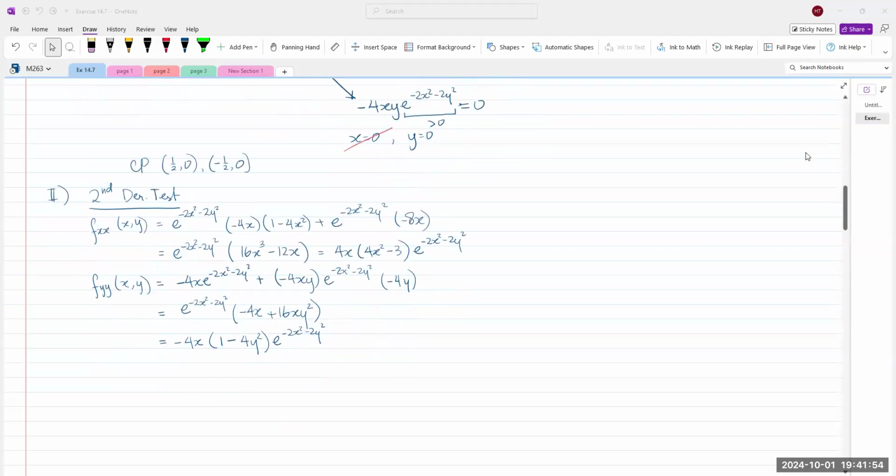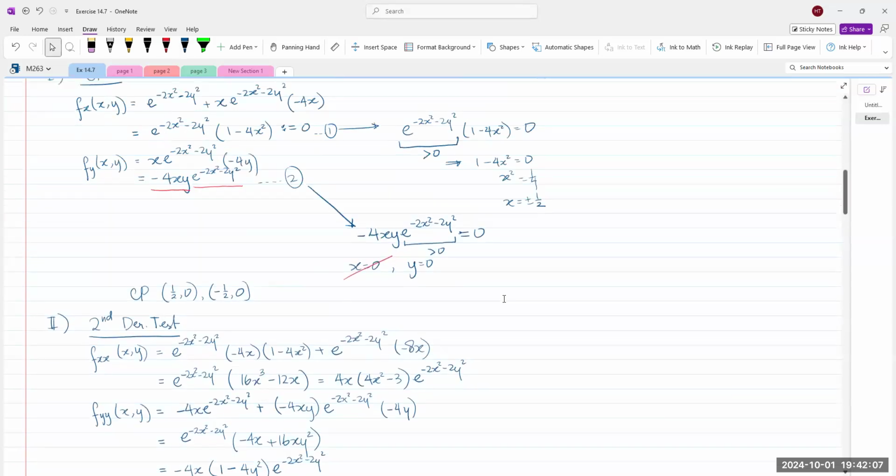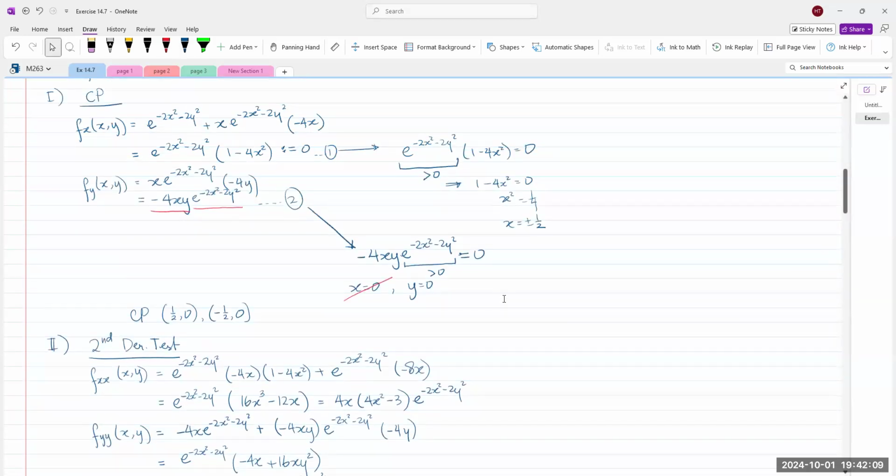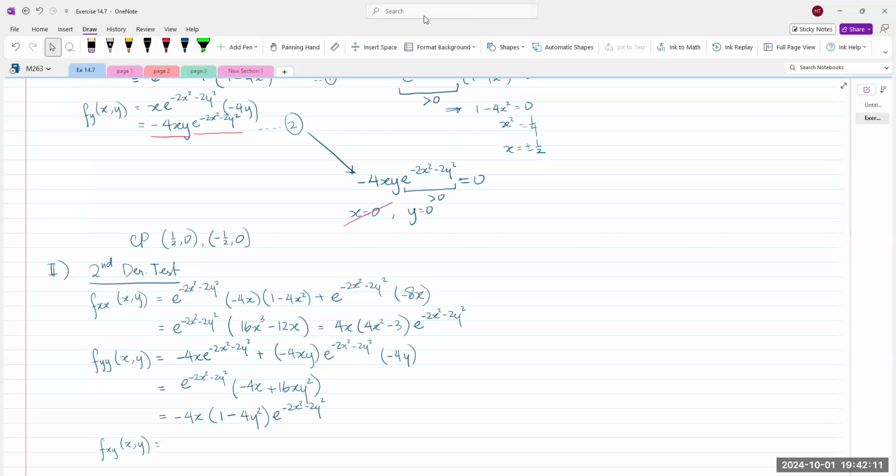That's for the second partial derivatives with respect to x and x, and y and y. Now f sub xy of x, y. I need to take f sub x and take the derivative with respect to y.